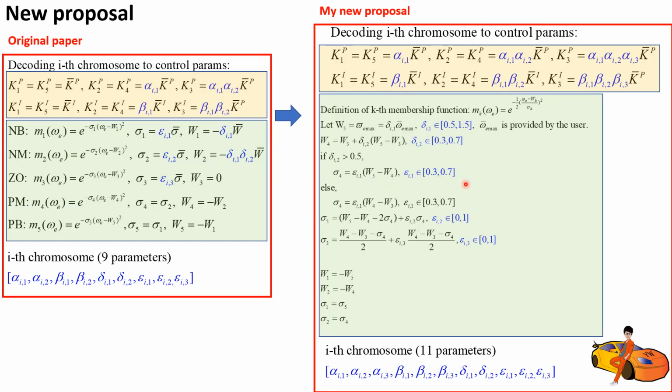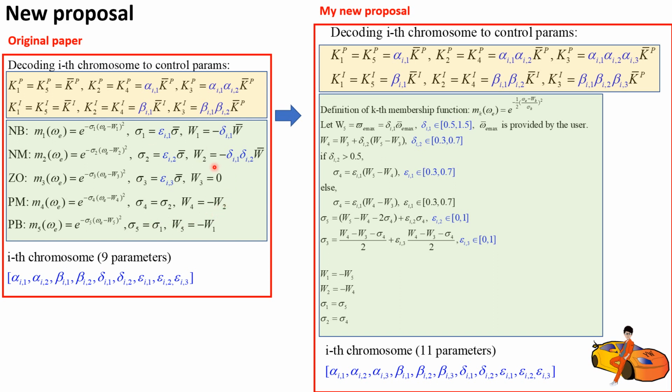And then this is a comparison between the original paper and my new proposal. The original paper has 9 parameters per chromosome, and once Kp bar and Ki bar are specified, they're not tunable, and also there are no further constraints on this membership spread and center. It's free to move.